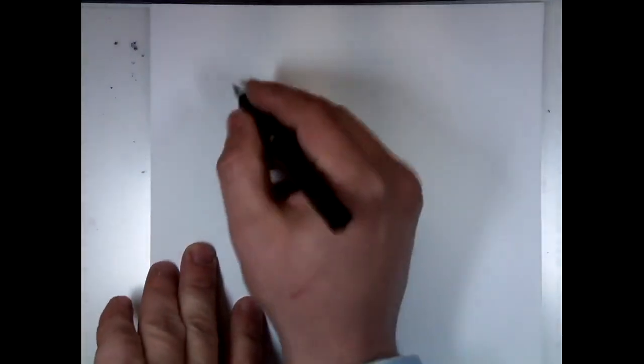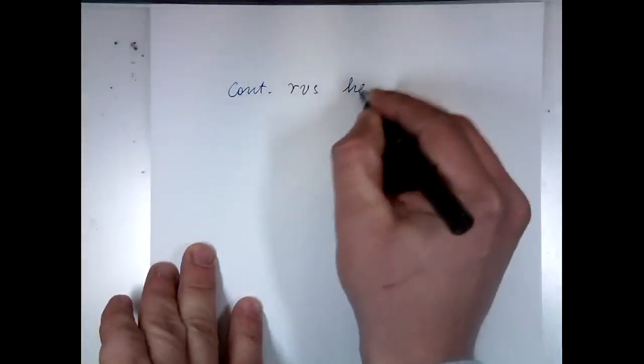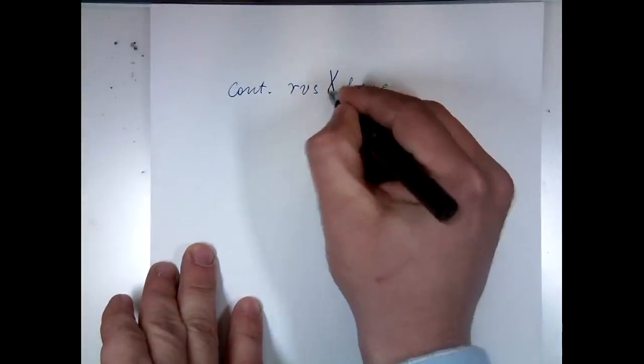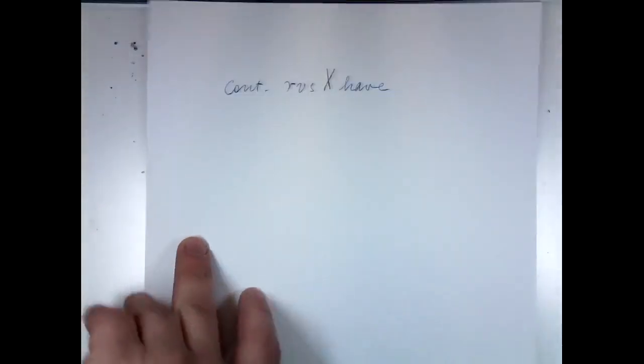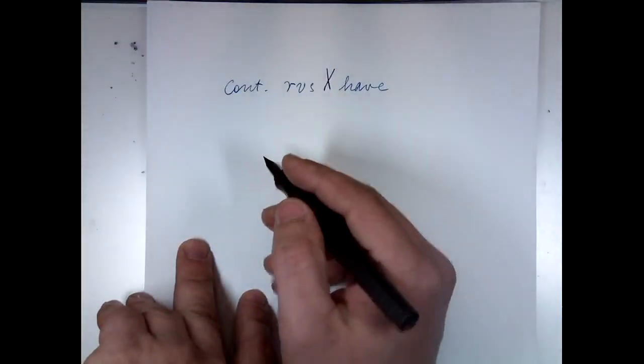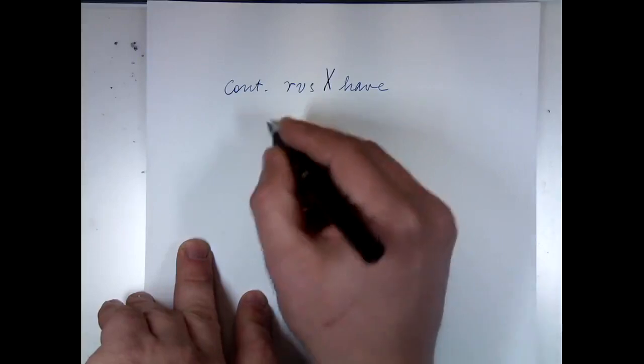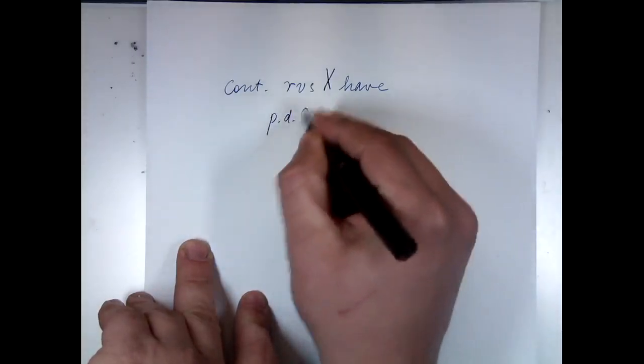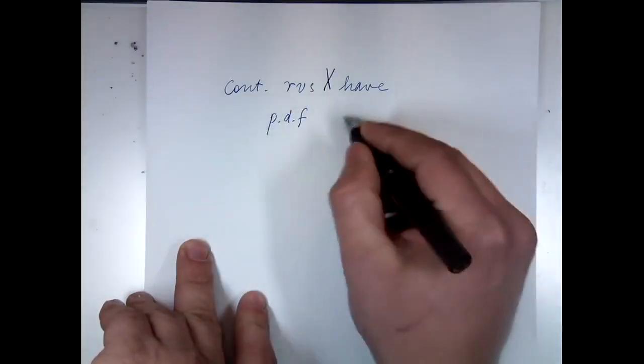Now, let's continue. We've done a lot of the generalities of continuous random variables, so let's review those. Continuous random variables, say a random variable X, have a very important piece of data that comes with them, called the density function, also called the probability density function, or PDF.